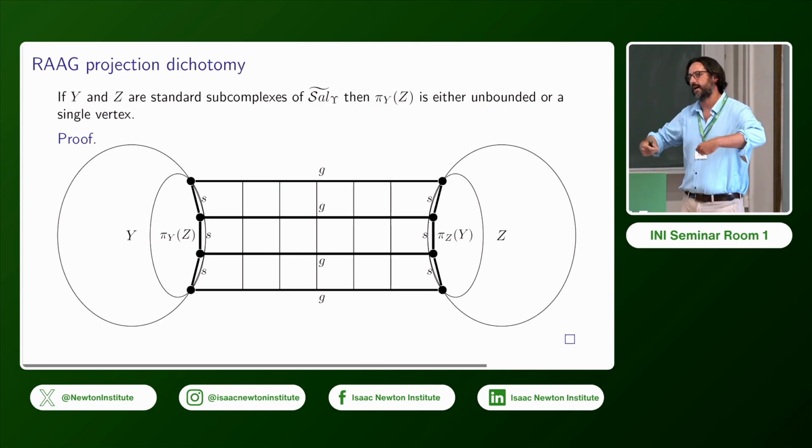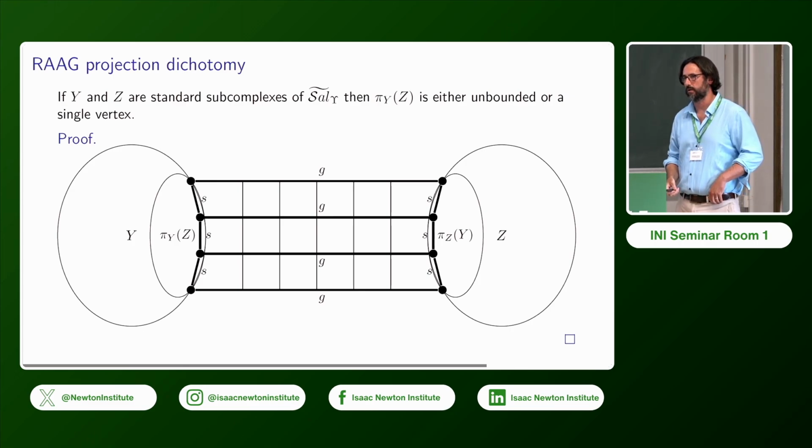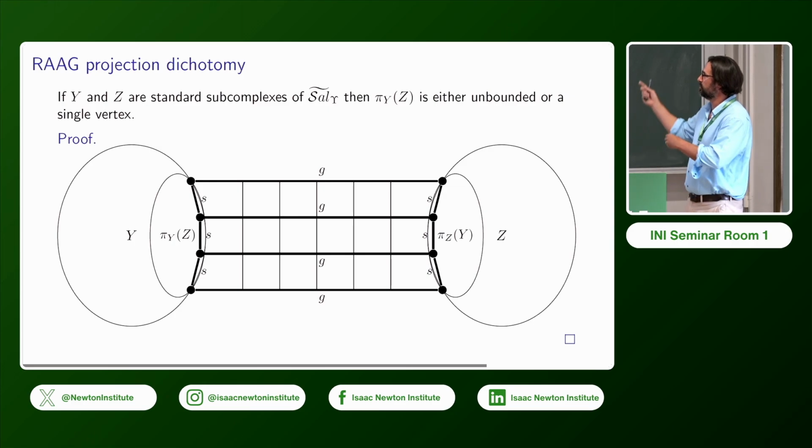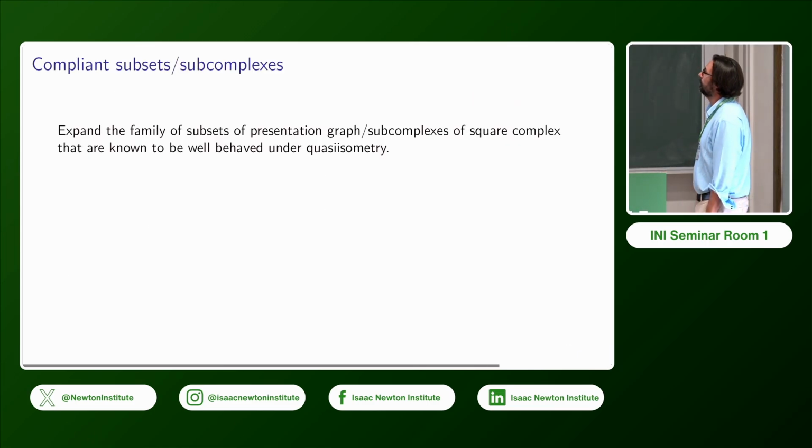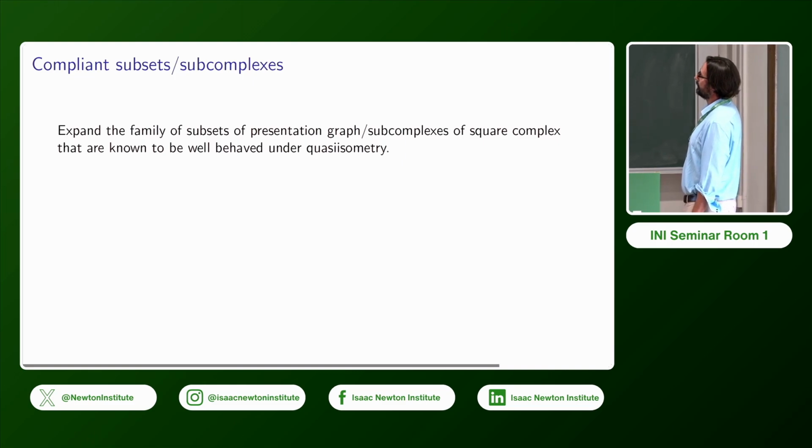So on both sides, there's a bi-infinite geodesic where every edge is labeled S, and the same element G gives you that those two bi-infinite geodesics are parallel. So as soon as your projections of standard subcomplexes contain a single edge, they actually contain bi-infinite geodesics. Okay, so good. So we'll use those facts in a minute.